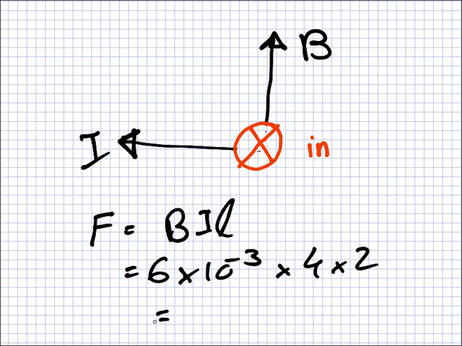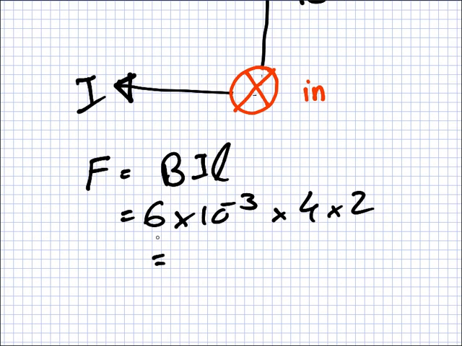That's a different lesson, a different question. My goodness, what the heck is 48? It's 48 times 10 to the minus 3. Milli.